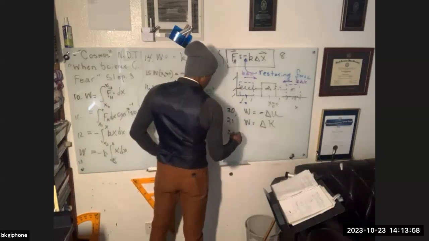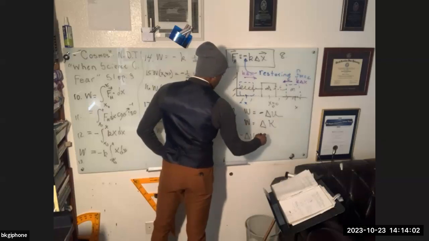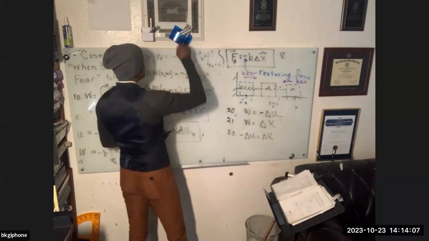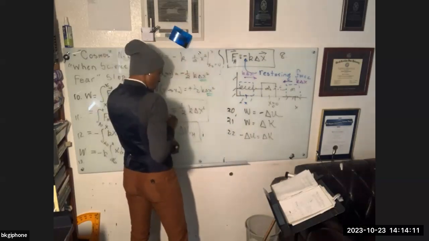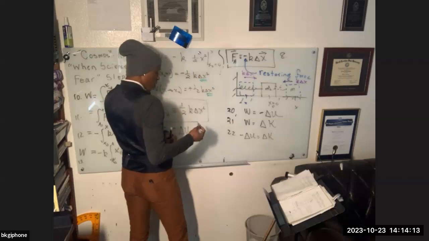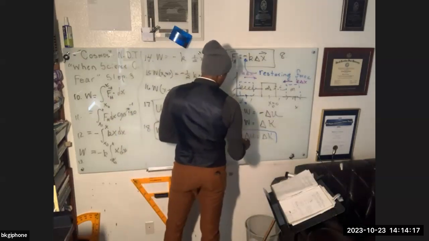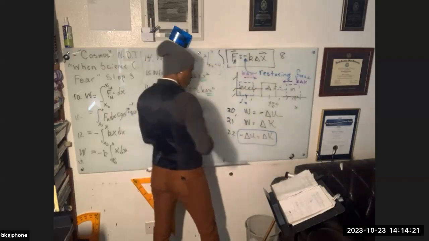And honestly, that's it. Negative delta U is equal to delta K. This alone is conservation of mechanical energy. But it's not very practical.